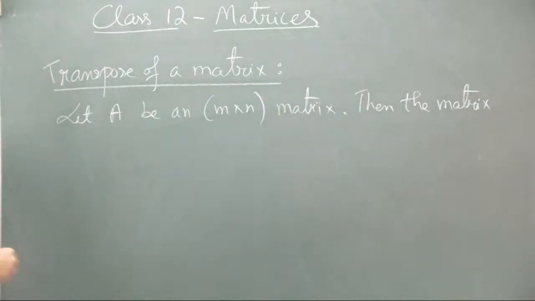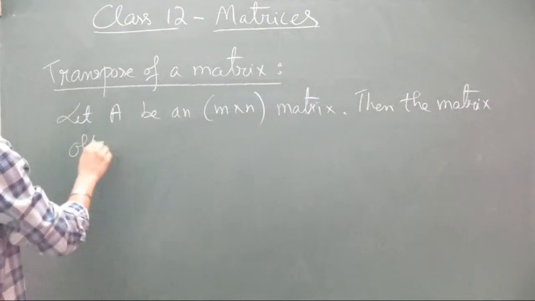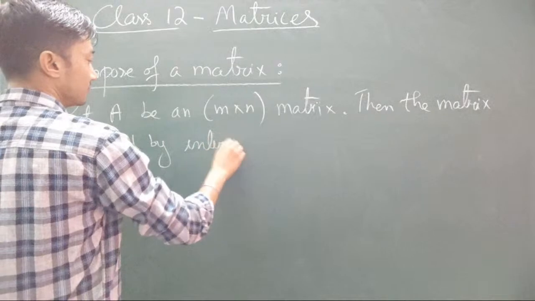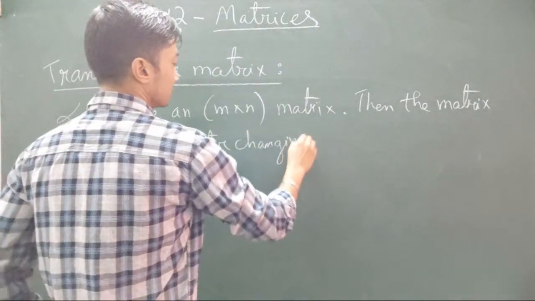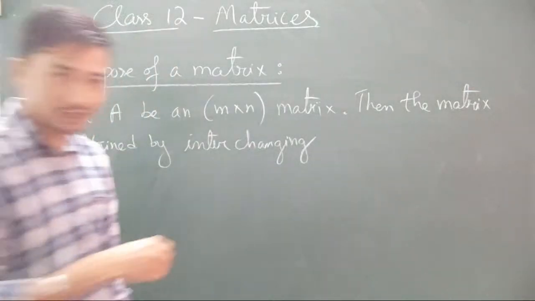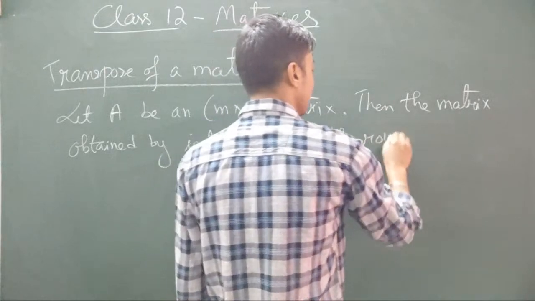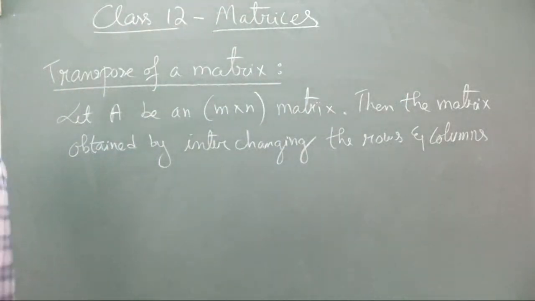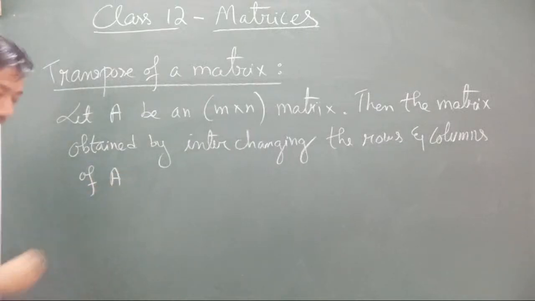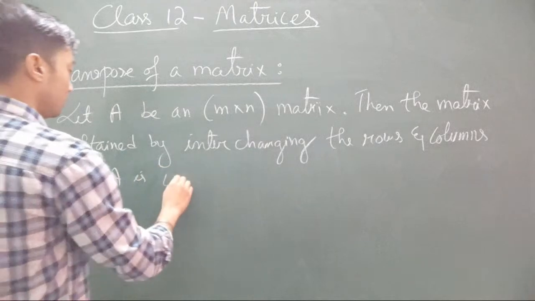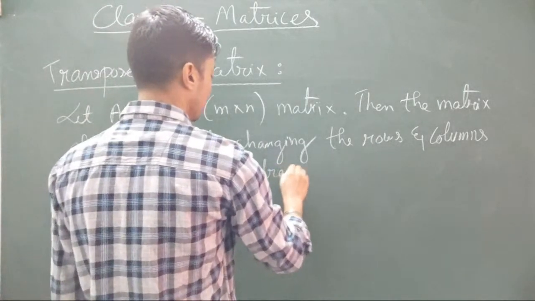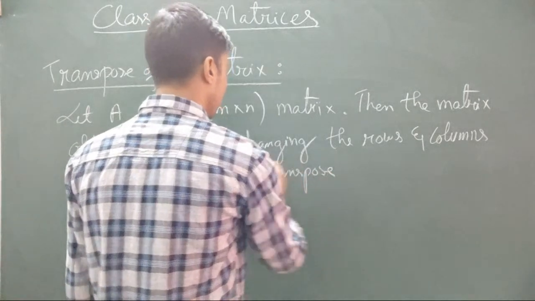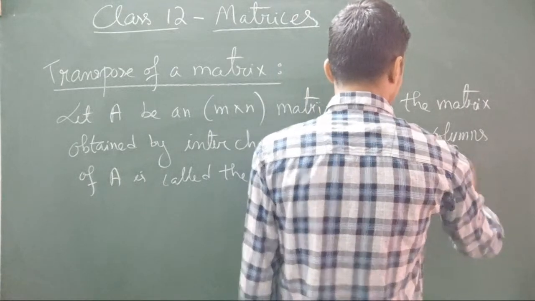So let A be an m by n matrix. Then the matrix obtained by interchanging, listen to it now, very simple, interchanging the rows and columns of the matrix A is called the transpose of the matrix A. How do we denote it?